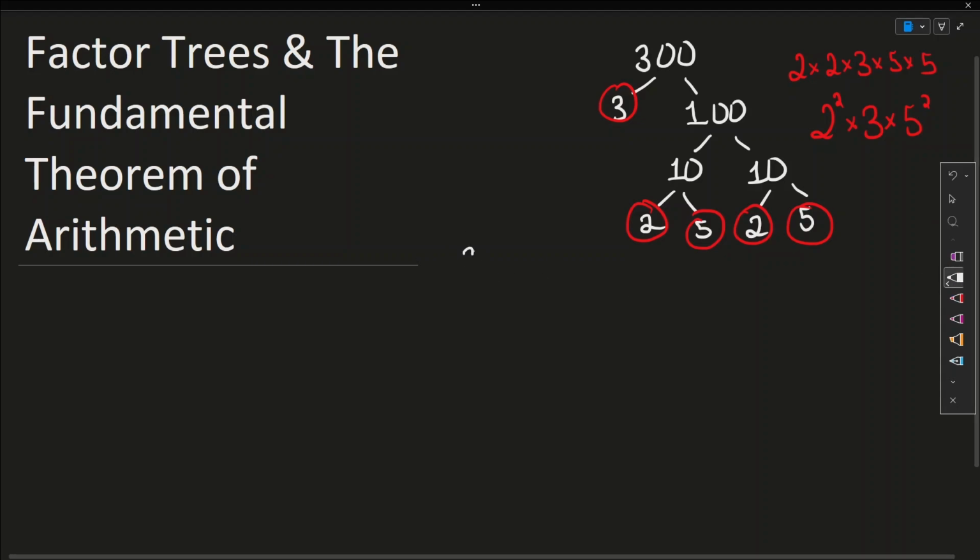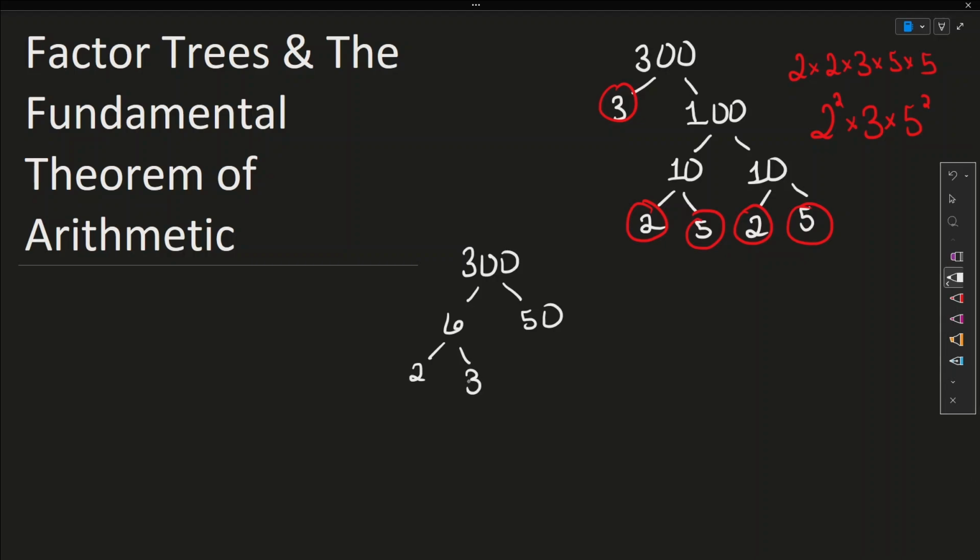Let's look at another one for 300. We could have also written this as 6 times 50. 6 is 2 times 3, and 50 is 5 times 10. 10 is 2 times 5. I have a 2, a 3, a 5, and a 5.